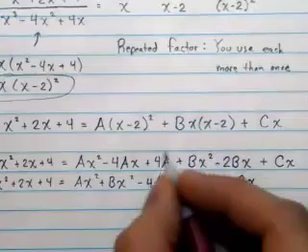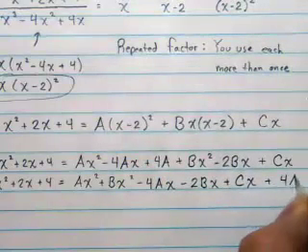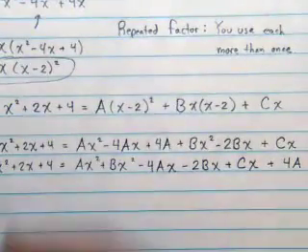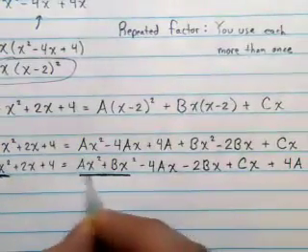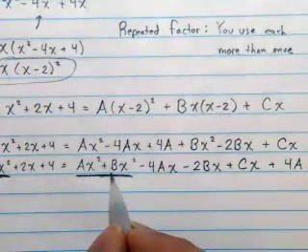And then the constant term, there's only one. This is 4a. And so everything should match, right? So the coefficient on x squared there should be the same over here. So negative 1 should equal a plus b, right?